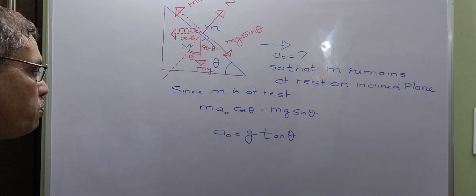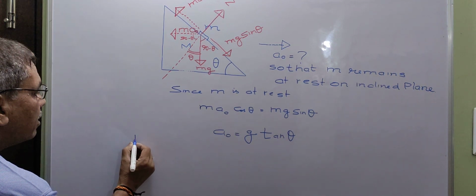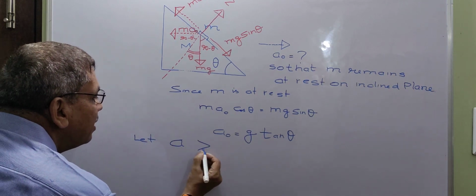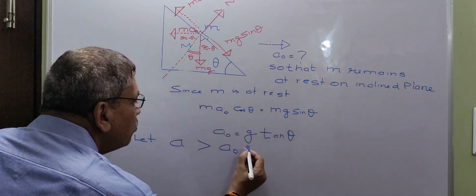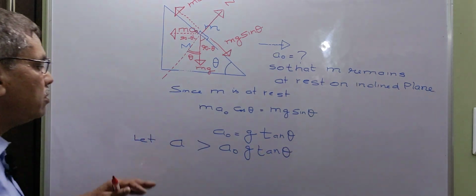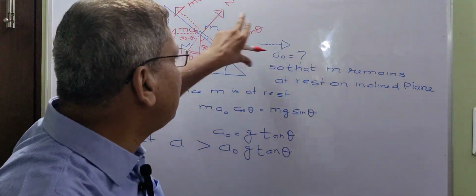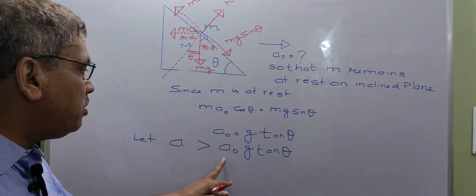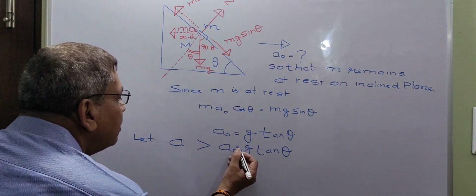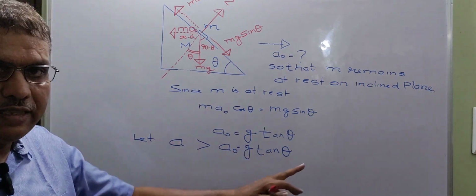Now suppose A is an acceleration greater than A0, which is g tan theta. Suppose the wedge is now accelerated with A in the rightward direction, which is greater than A0, that is g tan theta.